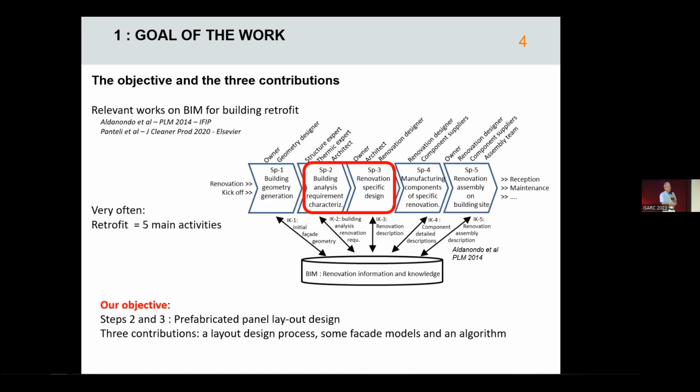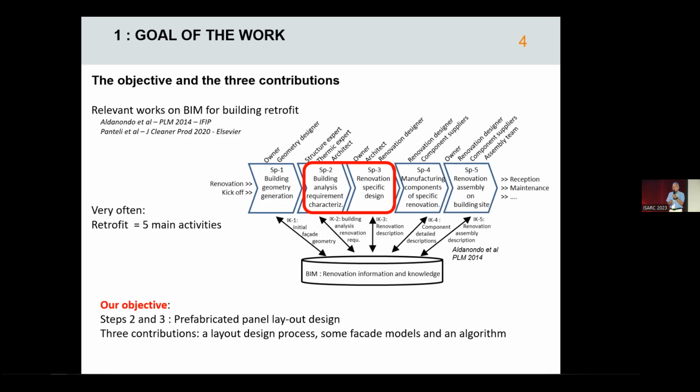Then you analyze the building geometry you get. Then you can design the solution for renovation. After that, off-site, you manufacture components. And then, of course, the last step, you assemble this on the building.